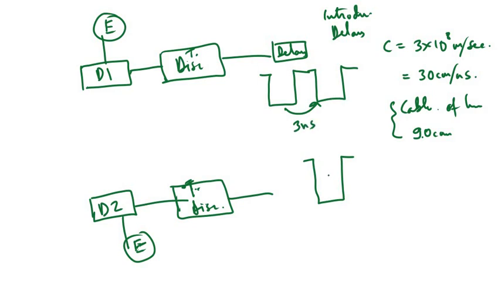And if I see in the CRO, now both of them are coincidence. You understand? So this is how we artificially introduce a delay to make genuine coincidence.